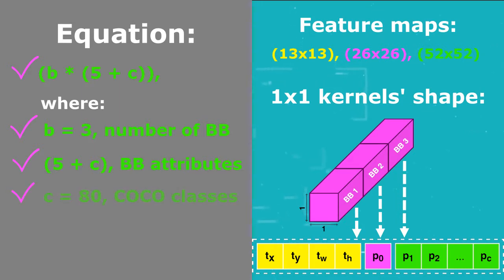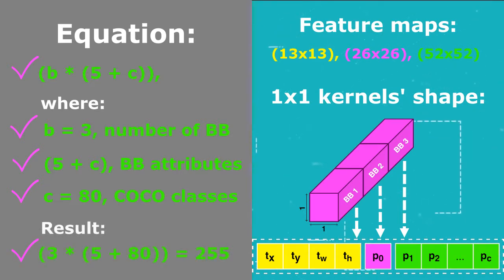We will consider that YOLO version 3 is trained on the COCO dataset that has 80 classes. Then C is equal to 80 and the total number of attributes for each bounding box is 85. The resulting equation is as follows: 3 multiplied by 85, which gives us 255 attributes.